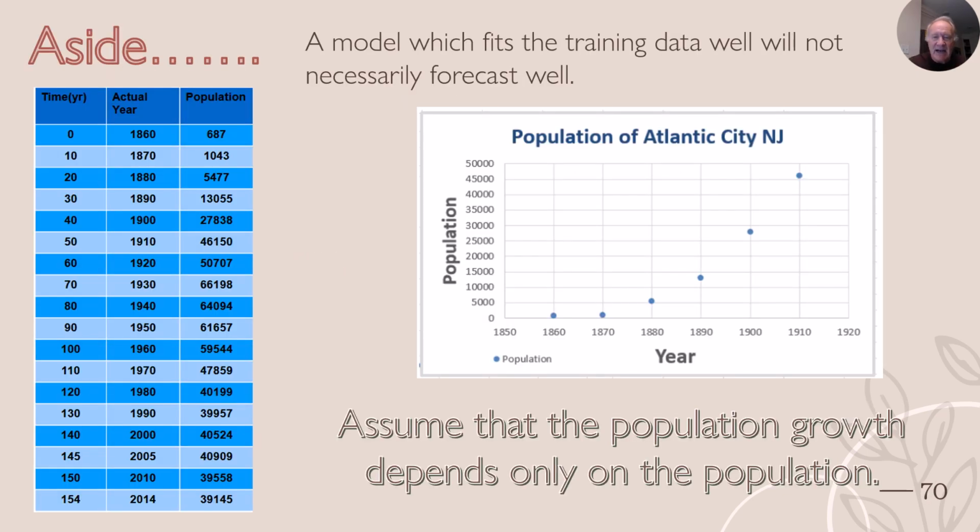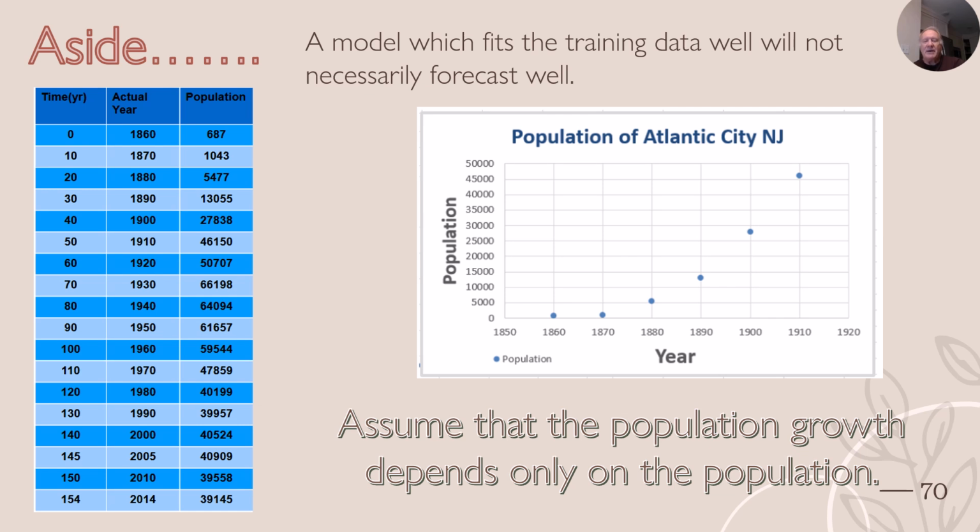Just as an aside, let's take a look at the population in Atlantic City, New Jersey. If you've ever had a course in differential equations, you know that we can use a differential equation to model this data. And it looks like it's growing exponentially. We're going to use a model to fit the data well, though it's not necessarily going to forecast well.